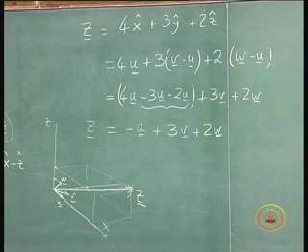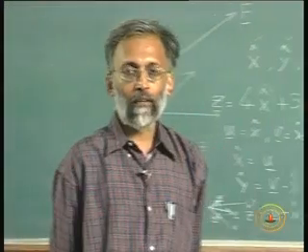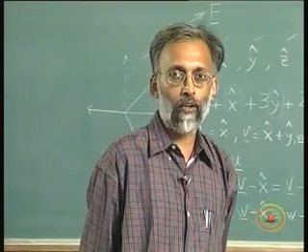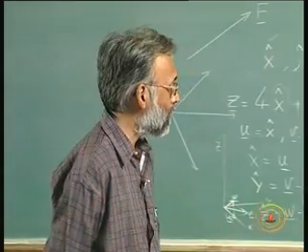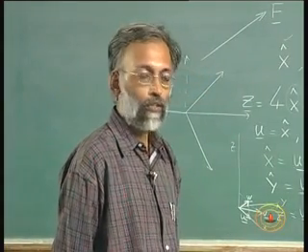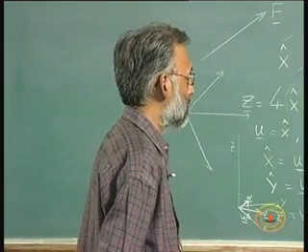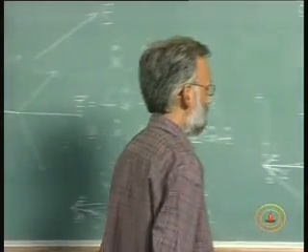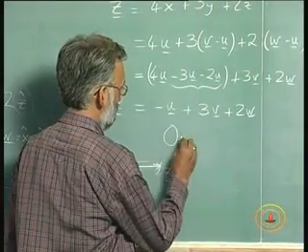So, this is why people have come up with some simpler coordinate systems, some useful coordinate systems which do not confuse us. These coordinate systems are called orthonormal coordinate systems.